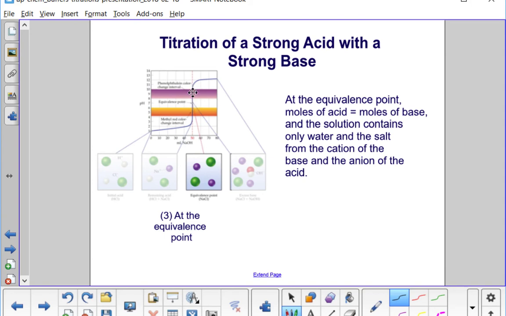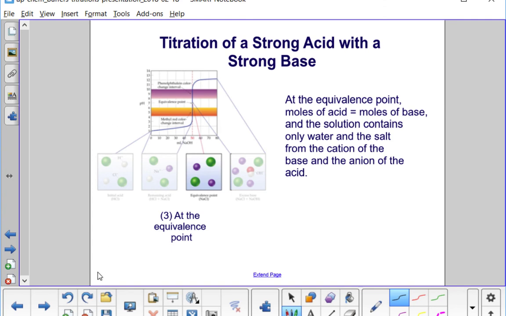So at the equivalence point, the moles of acid is equal to the moles of base, and the solution only contains water and the salt from the cation of the base and the anion of the acid. Of course, this is a strong acid with a strong base, right? HCl and NaOH. So we're left with water and NaCl, which you see here at the equivalence point. And also at the equivalence point, if you read from the graph, the pH is 7.